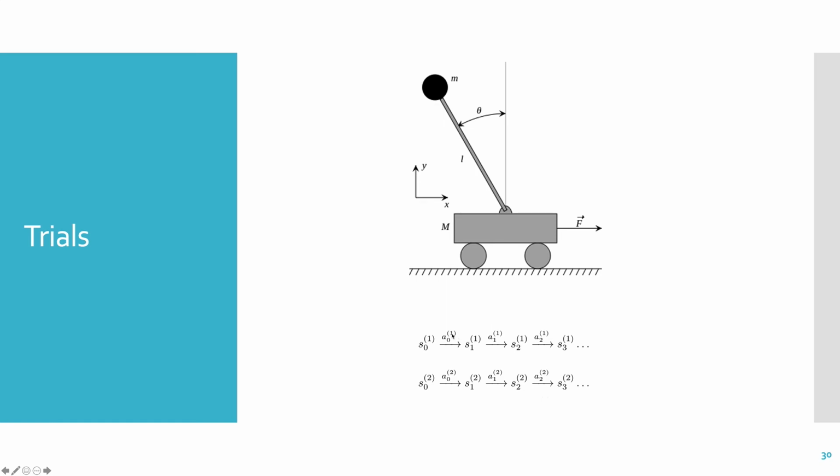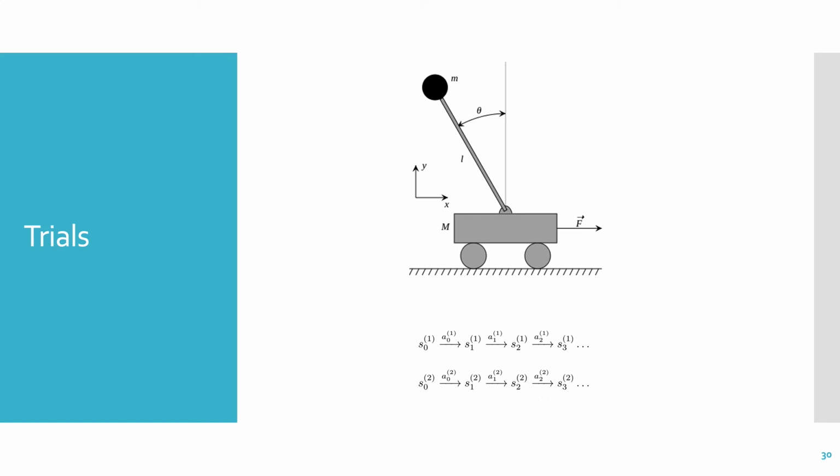And so here it's the starting state for our second trial, starting action for our second trial. In practice, each of these trials might be run until the MDP terminates, such as if the pole falls over, or it might be run for some large but finite number of time steps. Given this experience in the MDP consisting of a number of trials, we can then easily derive maximum likelihood estimates for the state transition probabilities.